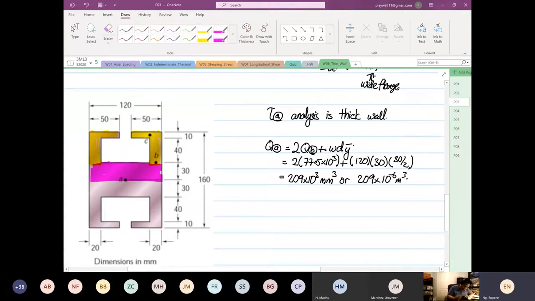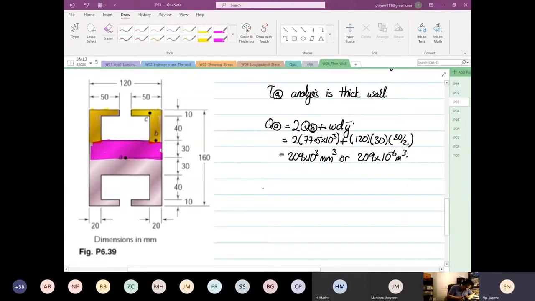So from here, your shear at point A is equal to V y over IZZ. First moment of area is 209 times 10 to the power minus 6. And then divide by the thickness. Now the thickness, because it's thick wall analysis, right? So for thick wall analysis, you know that the T is equal to 0.12.